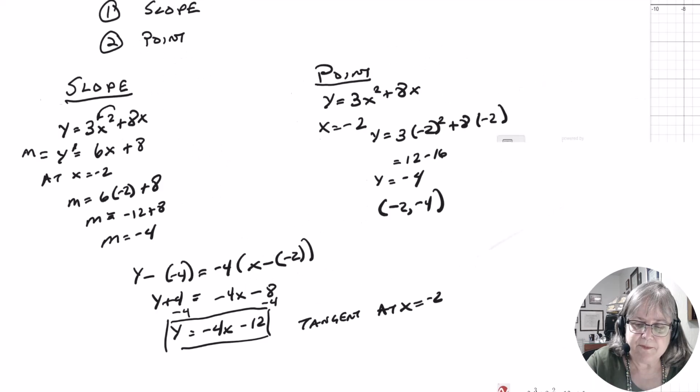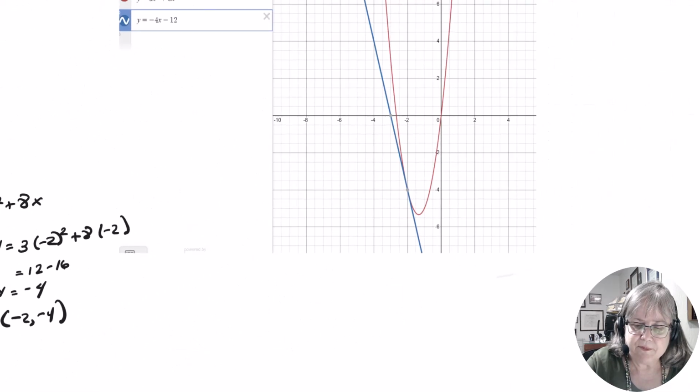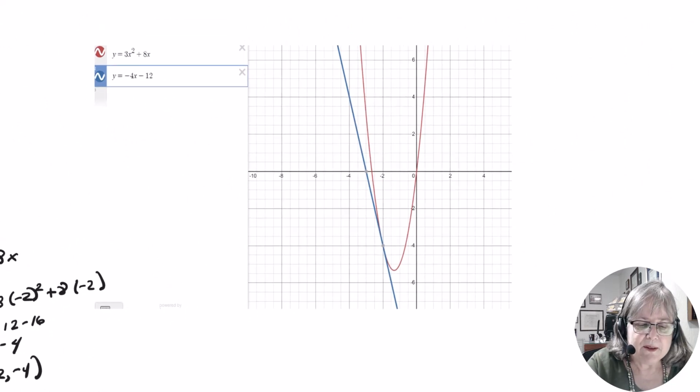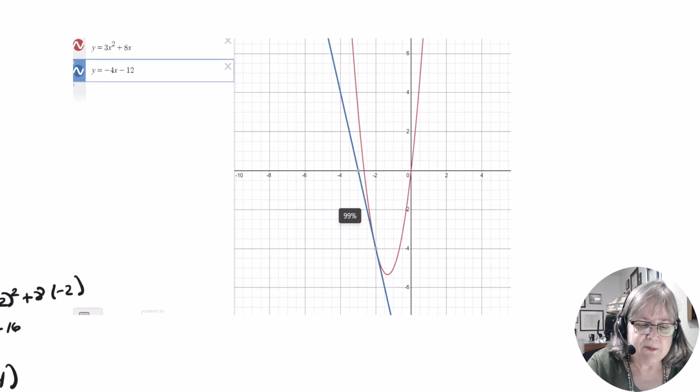So let's see. This is from Desmos, using their software they let me use. So the red curve is part of the original curve, and the blue curve is the tangent.